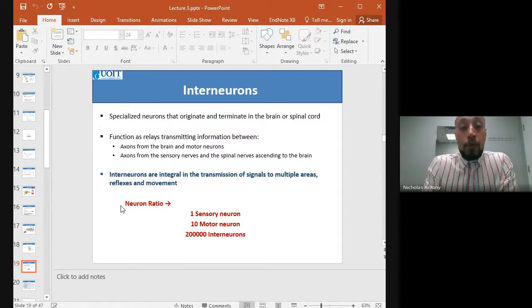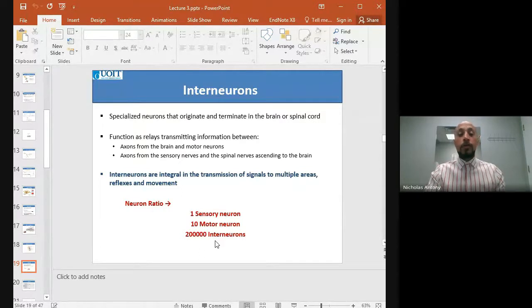Now, I don't know if you all remember this, but the ability of our neurological system to process so much information and be able to do so many things at once is through the multiple number of connections that we have. And the basic stat for our neurological system is that for every one sensory neuron, we have 10 motor neurons and 200,000 interneurons.